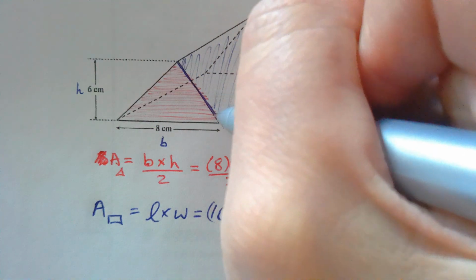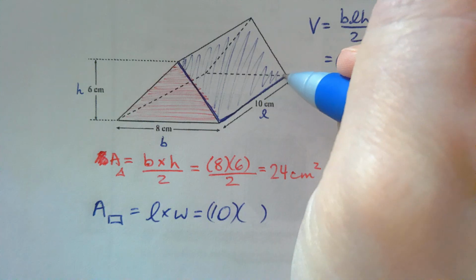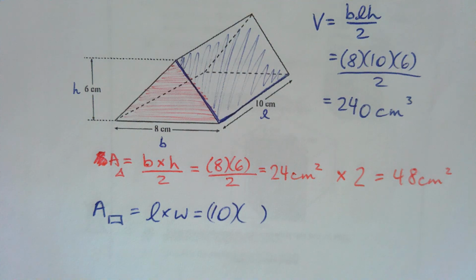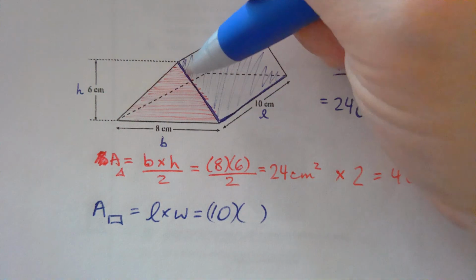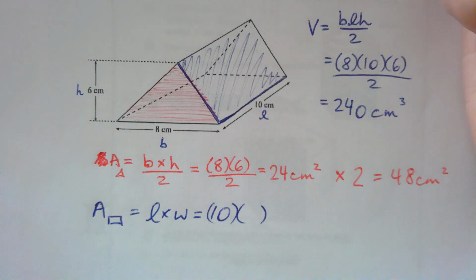This is the dimension of my rectangle. I know that my length is 10, but do I know my width? No. So how can I find my width? Yancy, any idea how I can find the length of this? Hannah, what's your idea?